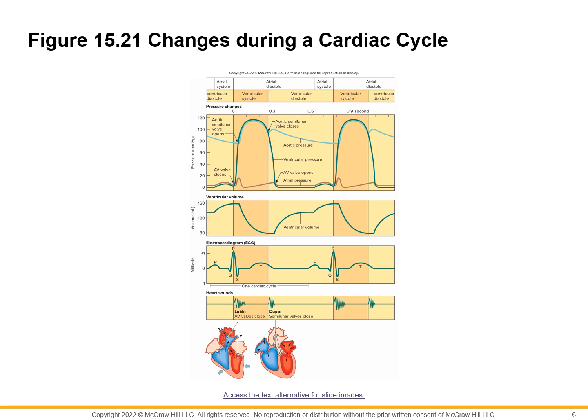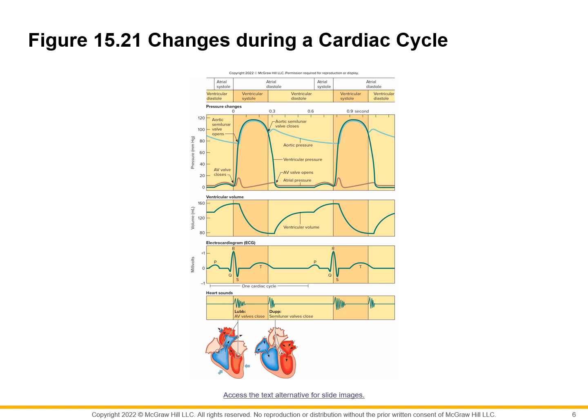In this diagram, we can also study the different changes that take place during the cardiac cycle. So this is systole and diastole, for both atria and ventricles. And here, this is the pressure of the blood vessels, and it is mainly a reflection of the pressure in the ventricles.